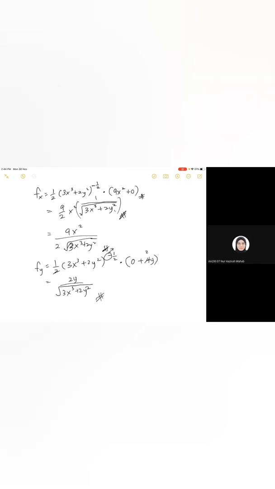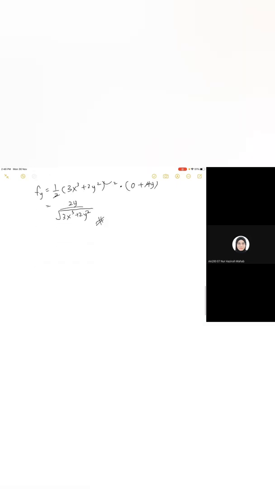Okay, question number 3 pun sama juga. Cuma it is in terms of words. Find the slope. Okay, so partial derivative, the differentiation itself lah, bukan partial derivative saja.